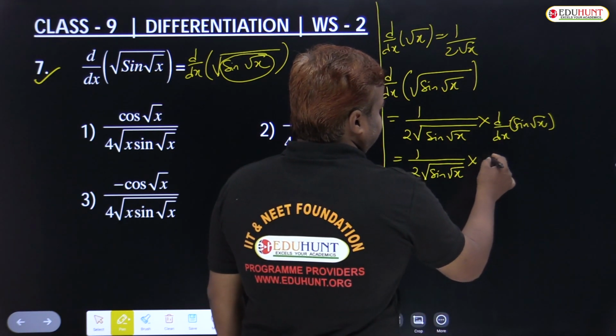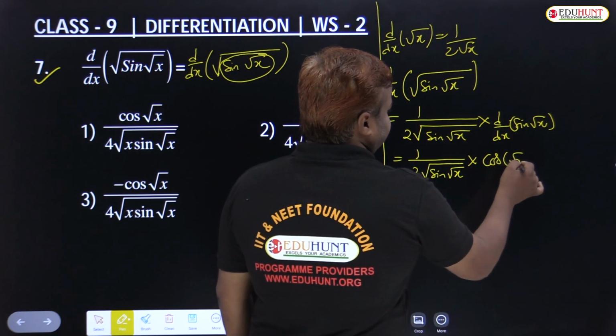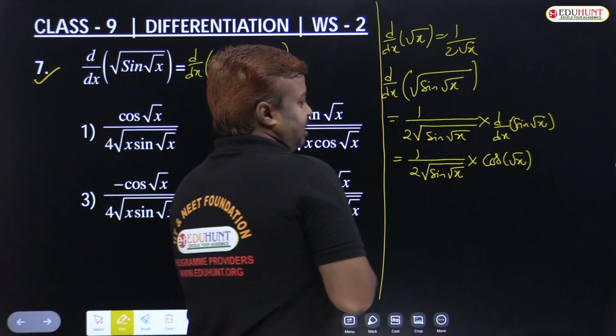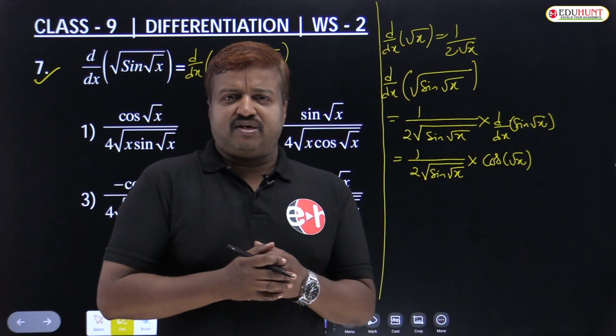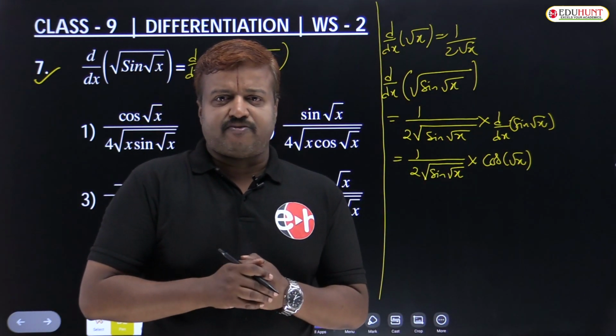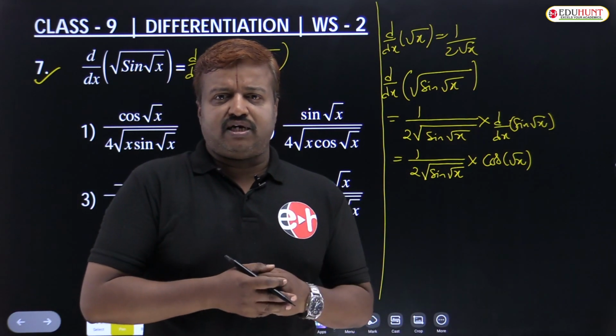D by dx of sin x is nothing but cos x. Very good children, excellent response. Again inner derivative of cos x: in the place of cos x we have root x, but it is not a direct value of x, so until we get the direct value we have to do the inner derivative.